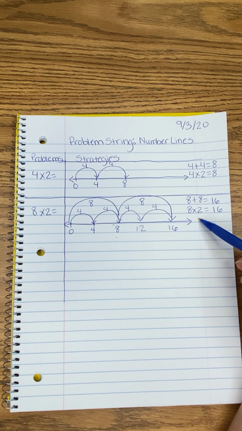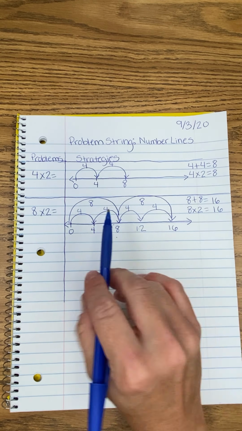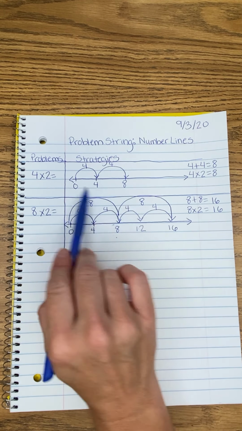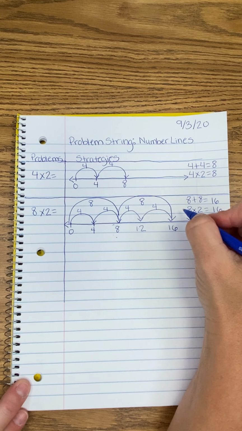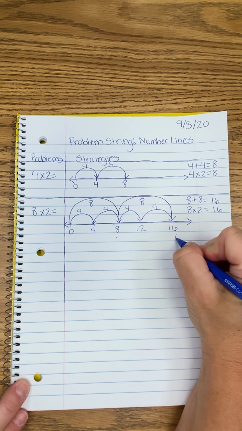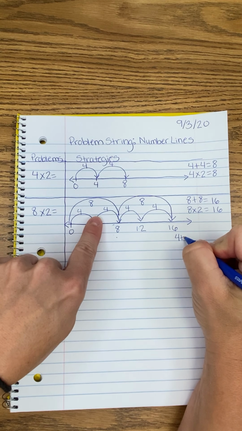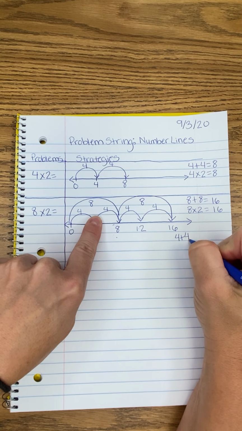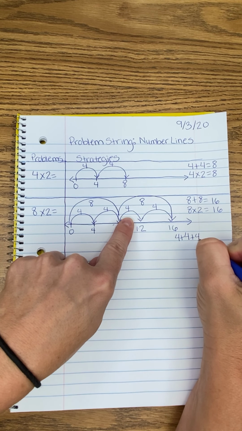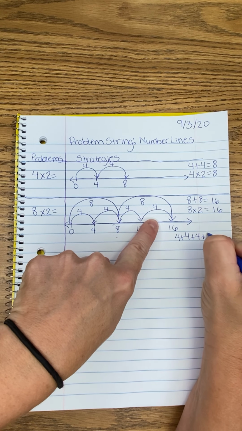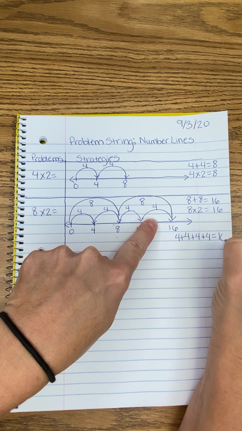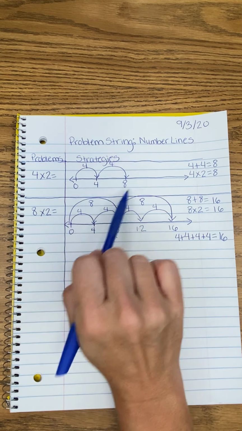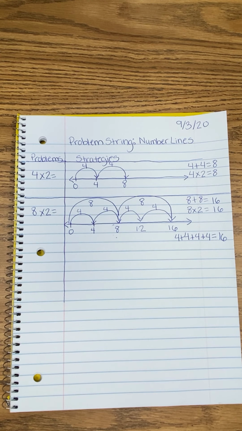So the 2's are the same thing as doubling that number. But when we did the 4's, we used our 4's from here to help us, and that was using repeated addition. So we did 4 plus 4 plus 4 plus 4 equals 16. So we use this to help us solve this.